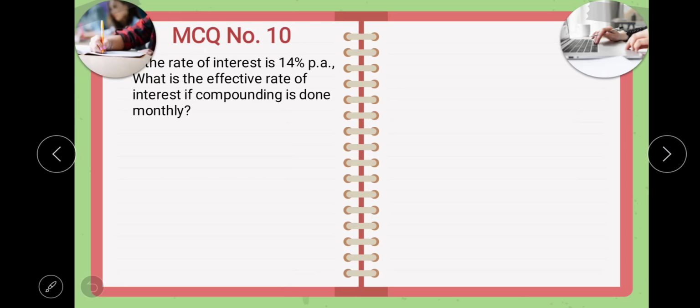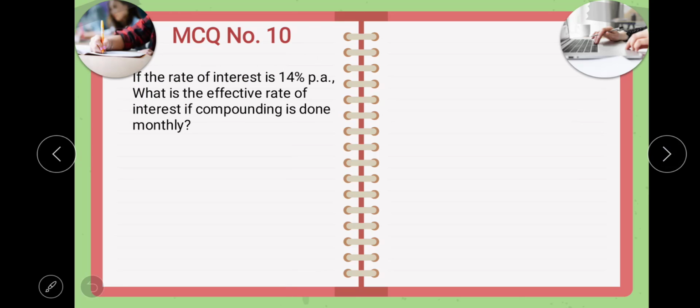And the last question, which is very important: if the rate of interest is 14% per annum, what is the effective rate of interest if compounding is done monthly? This example depends upon the effective rate of interest. This is a very interesting concept.